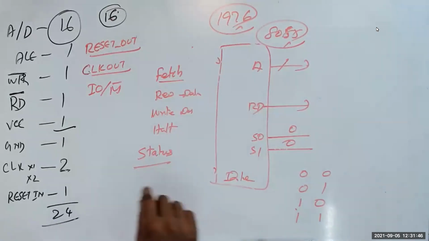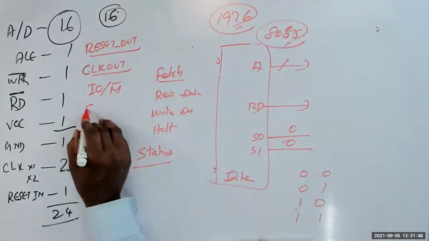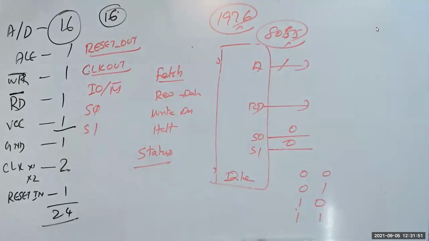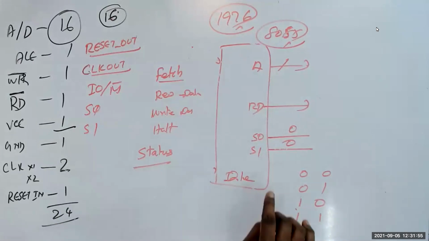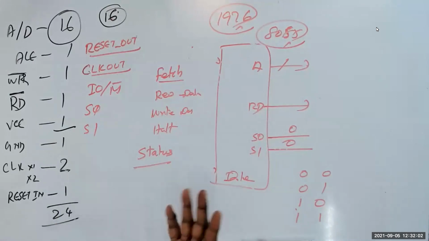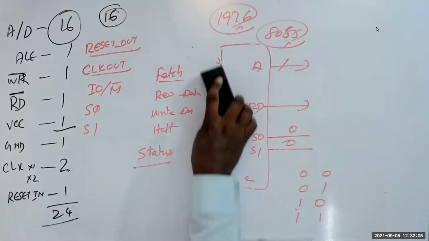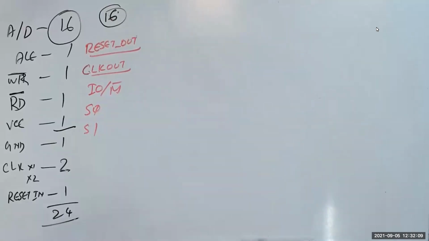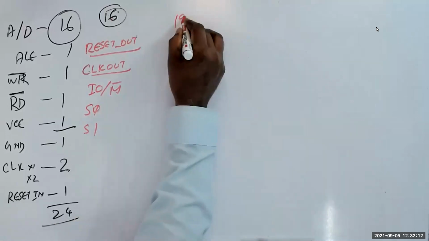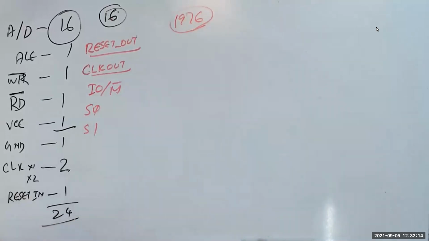That is told by these two pins, status S0 and S1. Now you understand, but you don't have much use for it. Intel has given it, and it's not used much by anybody. They thought somebody would use it. That has been so since 1976, but the latest processors don't do that. Of course, the 8086 has it. This is all old.